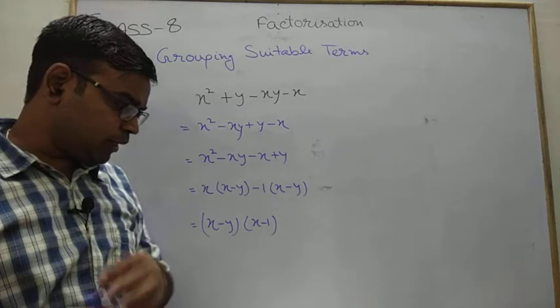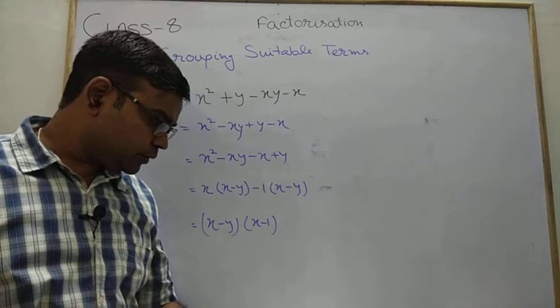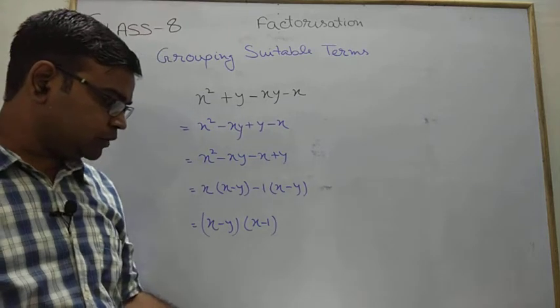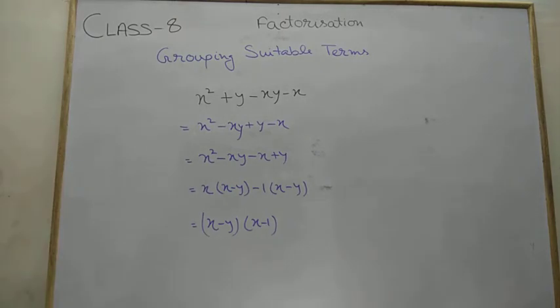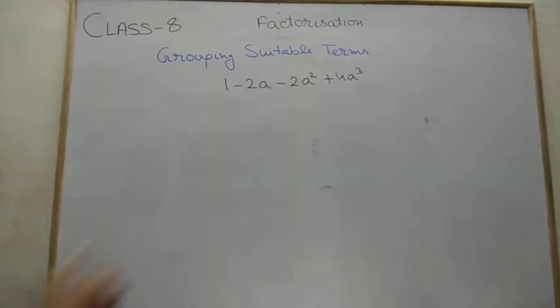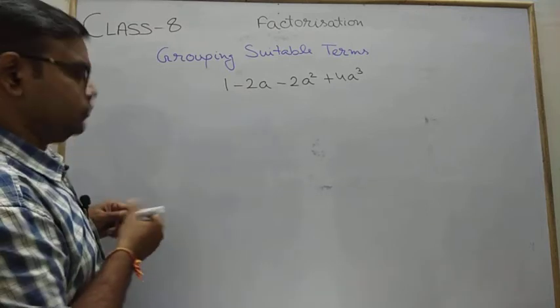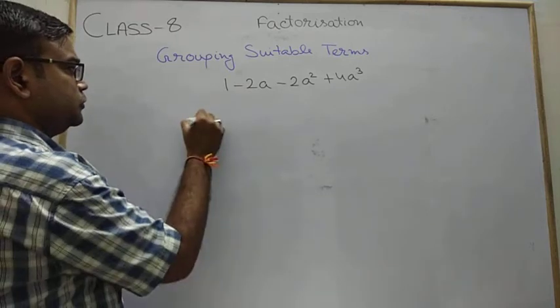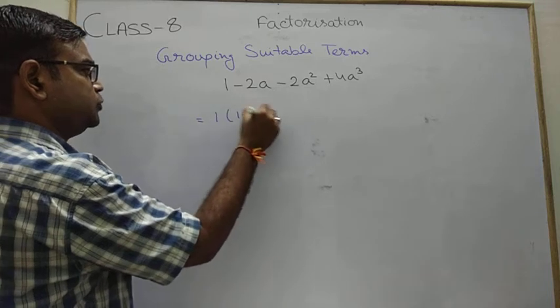Okay, come to the end part of your exercise. I am choosing one very interesting question. In this question, when you observe, they are already arranged, so there is no need to make groups. If we take one common, what do we have? 1 minus 2a.